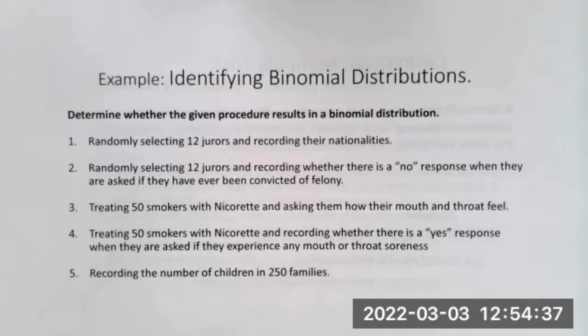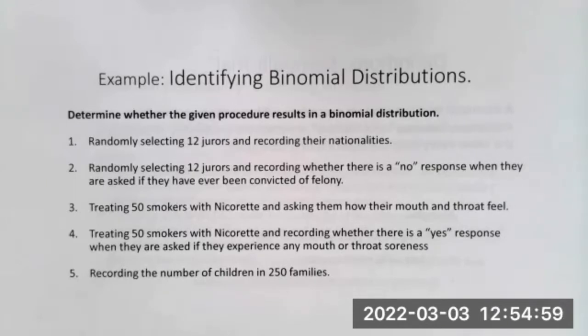We have 12 jurors, so that's 12 trials. The outcome of each trial is yes or no, so no being a success and anything else being a failure, so 2 possible outcomes, and the probability of a no is the same from one trial to another.